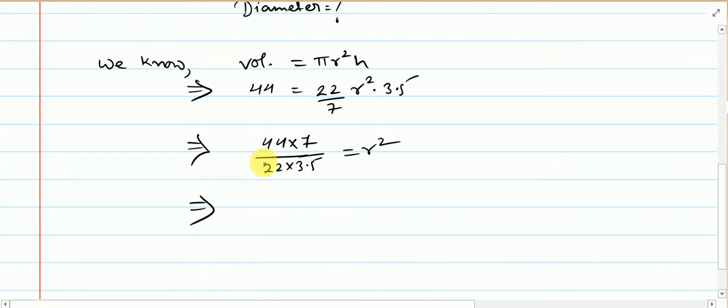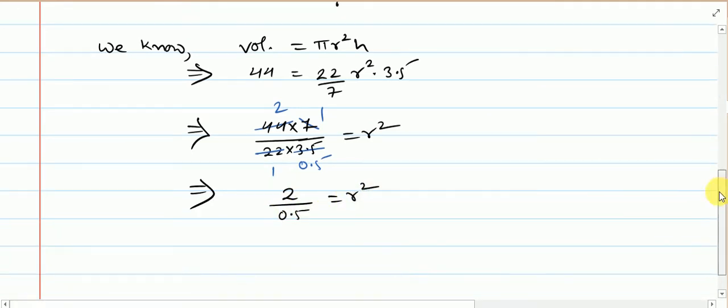So 22 1 ja and 2 ja, 7 1 ja and 0.5. Next 2 by 0.5 equal to r square.